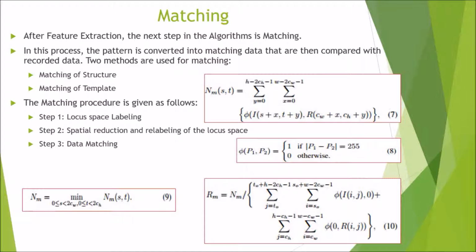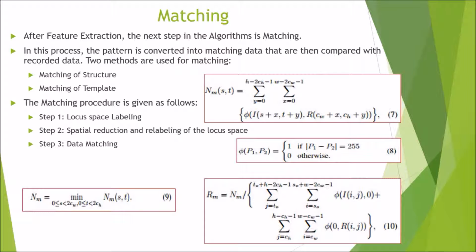The value of mismatch Nm of S, T, which is the difference between the registered and input data at the positions where R of CW, CH overlaps with I of S, T, is defined as can be seen in equation 7.